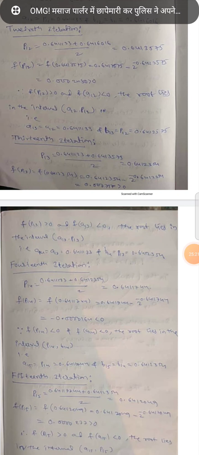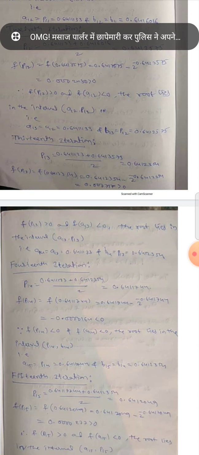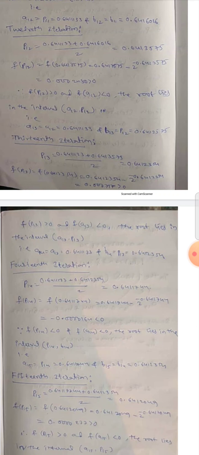Since f of P13 is greater than 0 and f of A13 is less than 0, the root lies in the interval A13 comma P13. That is A14 is equal to A13 is equal to 0.641173 and B14 is equal to P13 is equal to 0.642354.